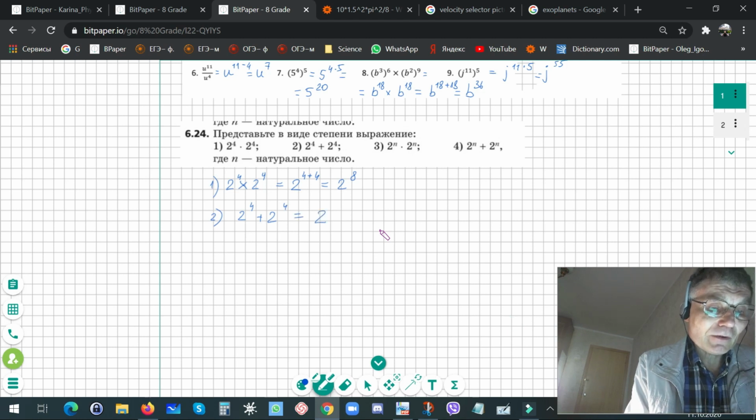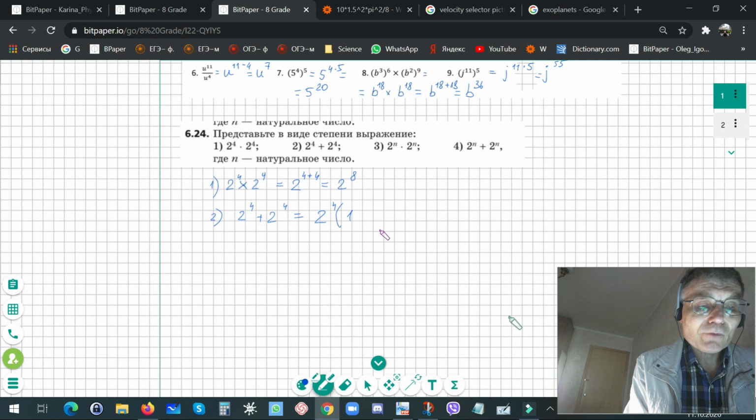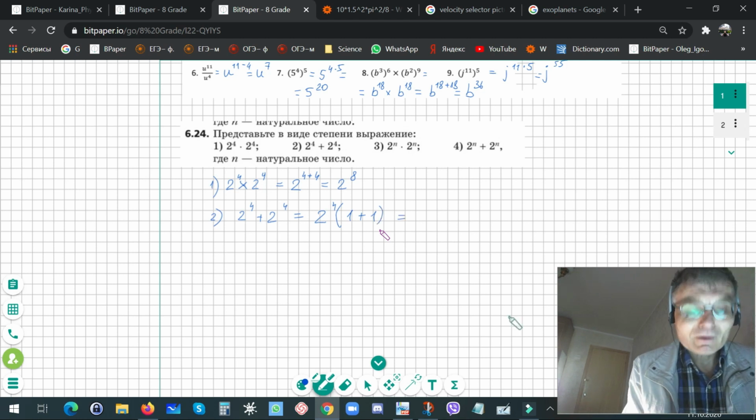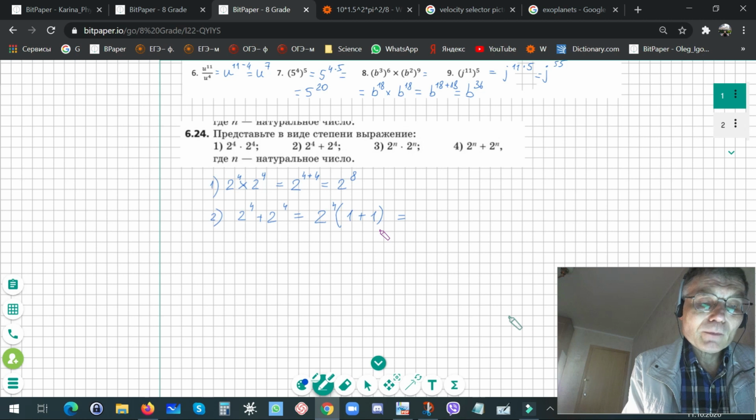We factor this common multiple being 2 to the power of 4. Then what is left from the first term is just 1. And what is left from the second term is exactly the same. So we perform the operation in the parentheses and get 2. We have 2 to the power of 4 multiplied by 2.